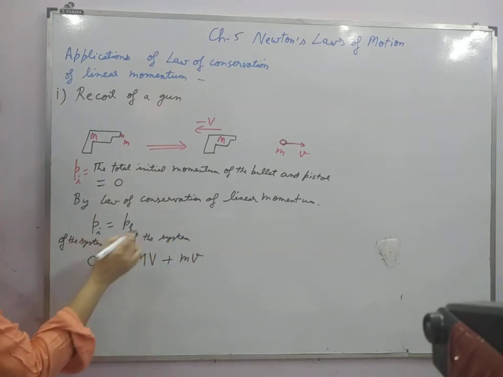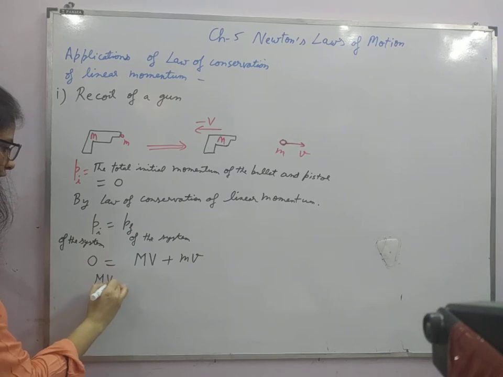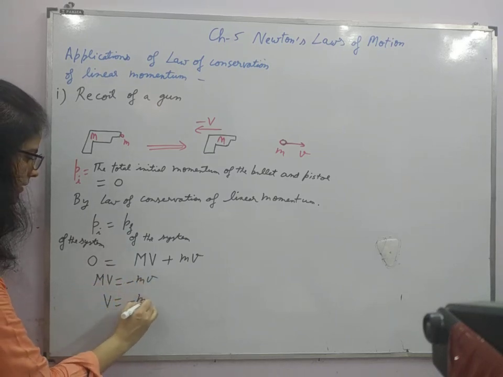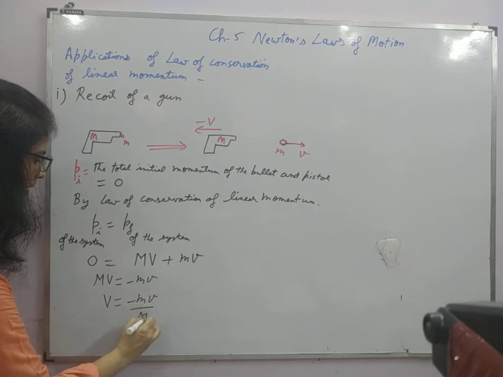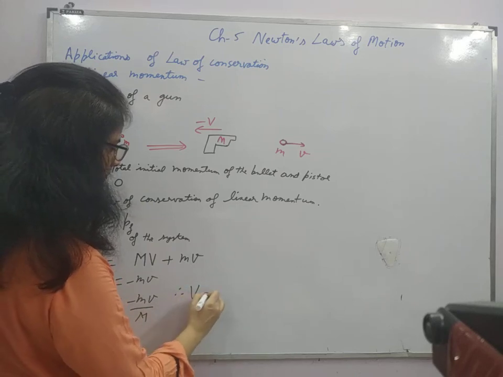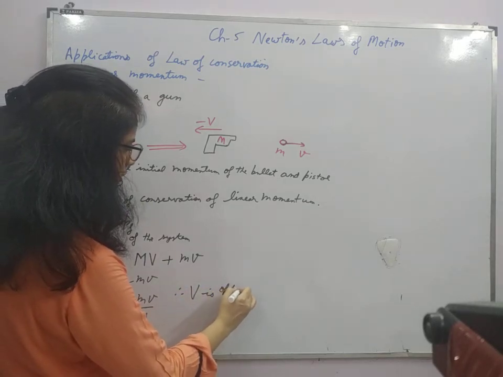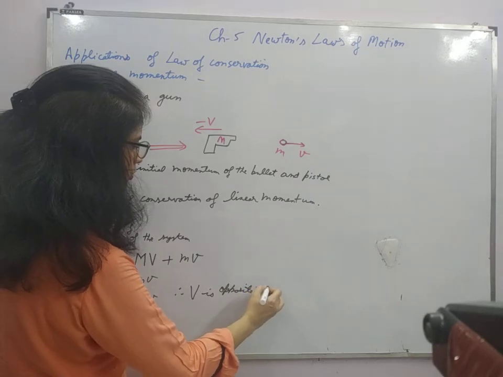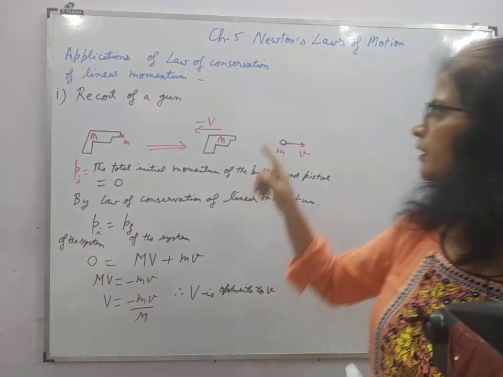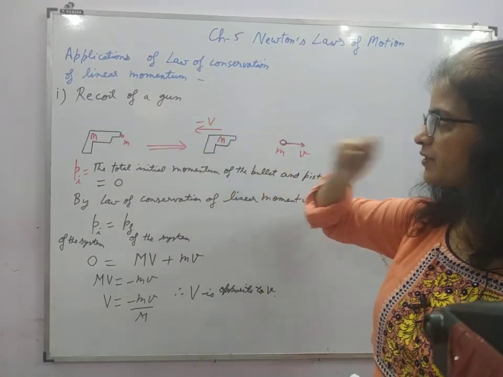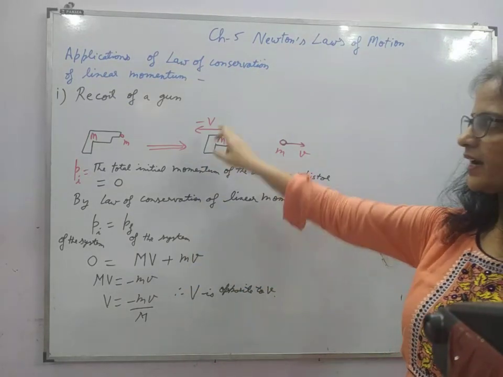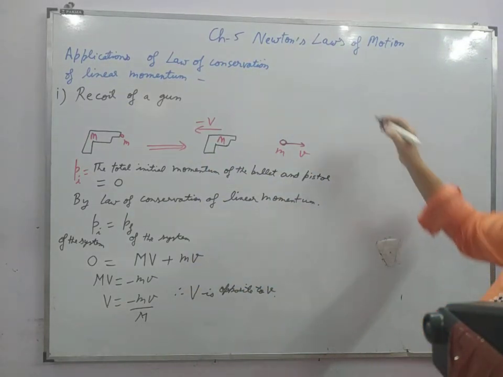So from here, I can clearly see that MV is equal to minus mv, so capital V is minus mv upon capital M. Capital V is opposite to small v. That means capital V will be in the opposite direction, as I have shown here. I have already written minus V, but it is derived from here.